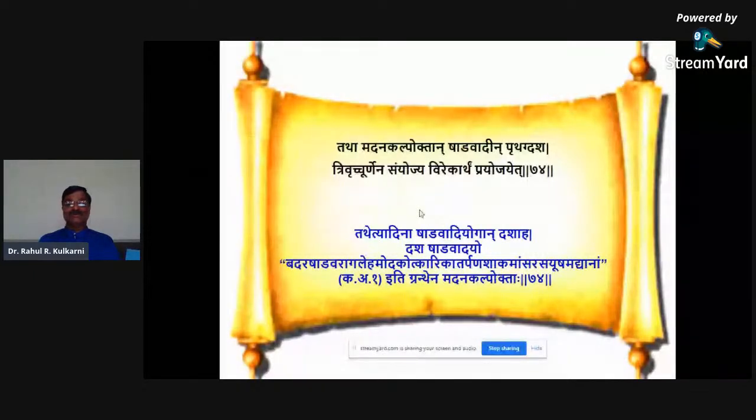The 10 shadavadi yogas, just similar to how it has been explained in Madana Phala Kalpa Adhyaya, same thing here also: 10 yogas with shadavadi and trivruchuna combination have to be used for virechana purpose.